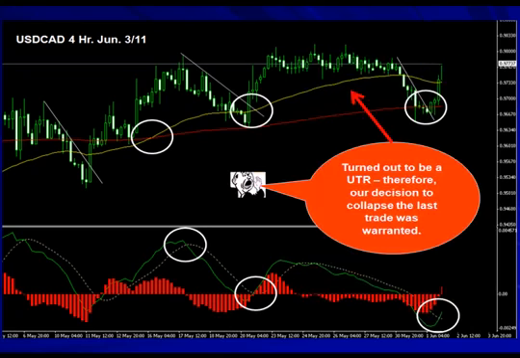Good move, because this pattern turned out to be an uptrend reversal pattern. Had we bought here, not gotten out here, and hung on, we would just be back to square one here. So it was a good move to cash in our chips and take our 74 pip profit back here.